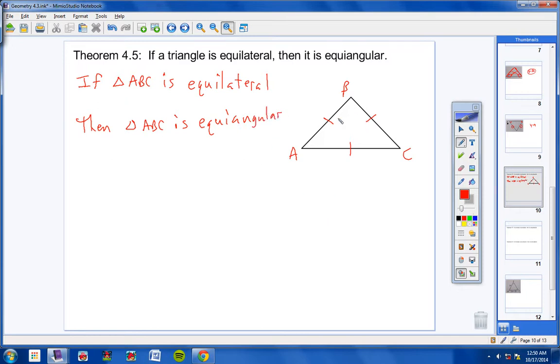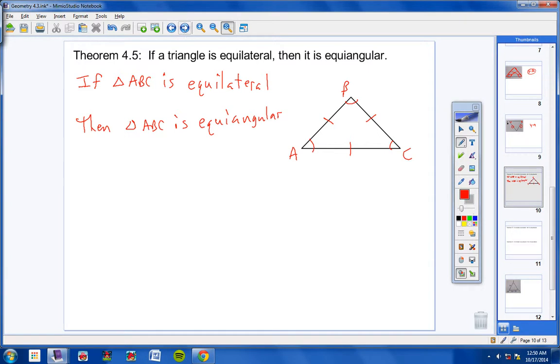So if I know all three sides are congruent, then I also know that all three angles have to be congruent, which makes them 60, 60, and 60. So if a triangle is equilateral, then it's equiangular also. Make sure you understand this.